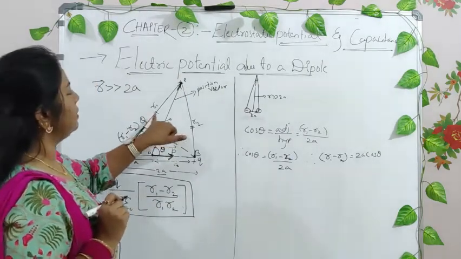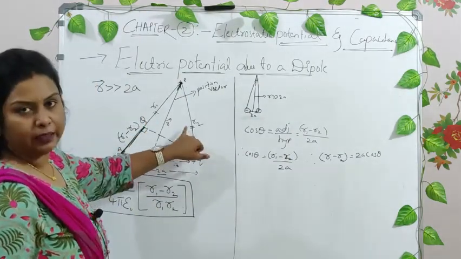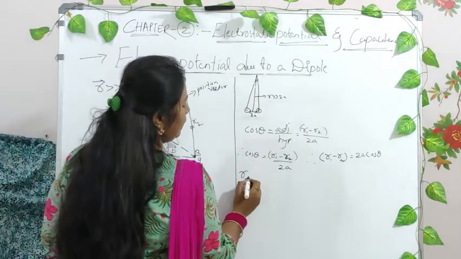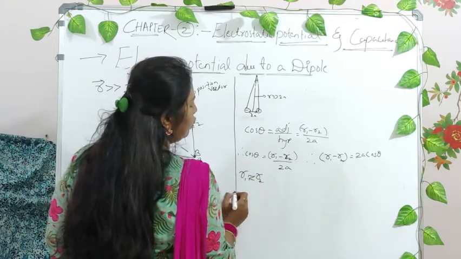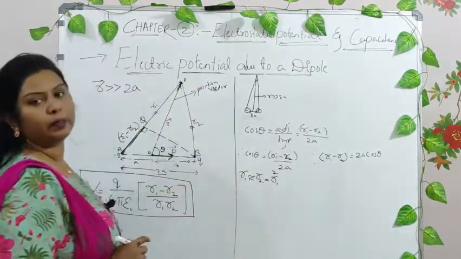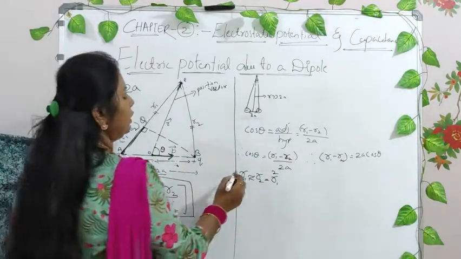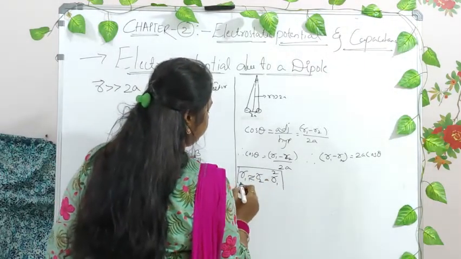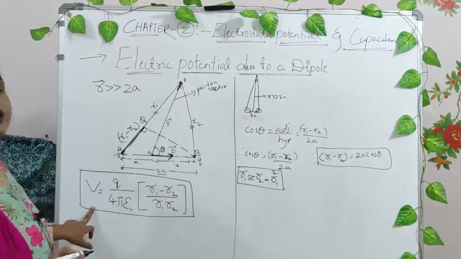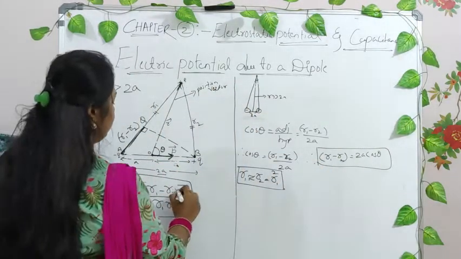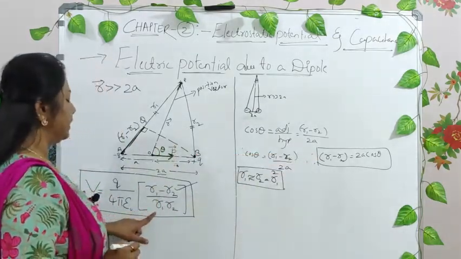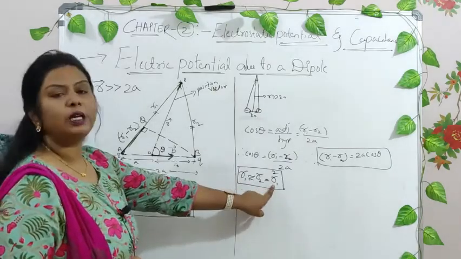And what about the distances R1 and R2? Both are so similar, having the same length, that you can write R1 R2 as R square. So substituting these values in the equation of electric potential, instead of R1 minus R2 you substitute 2A cos theta, and instead of R1 R2 you substitute R square.